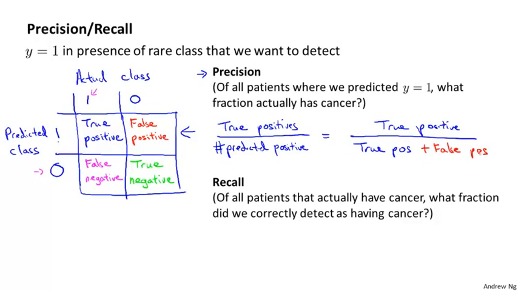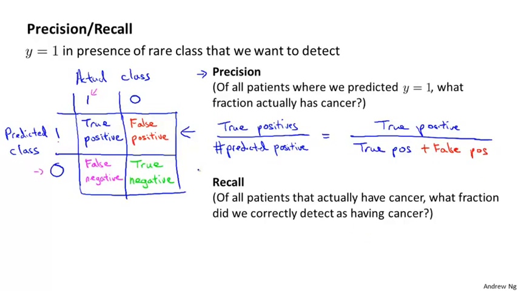So that's called precision, and as you can tell, high precision would be good. That means that of all the patients that we went to and said, we're very sorry, we think you have cancer, most of them we had actually made accurate predictions on, and they do have cancer.